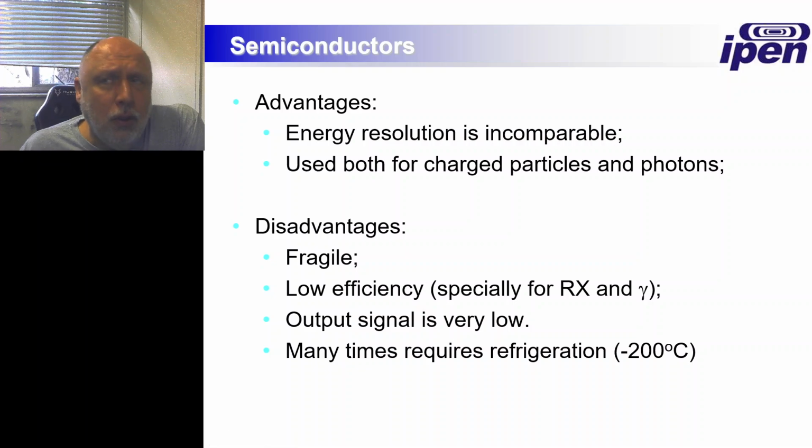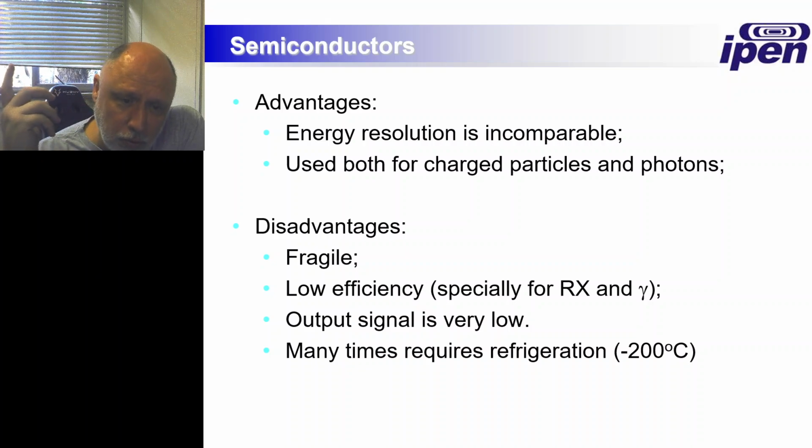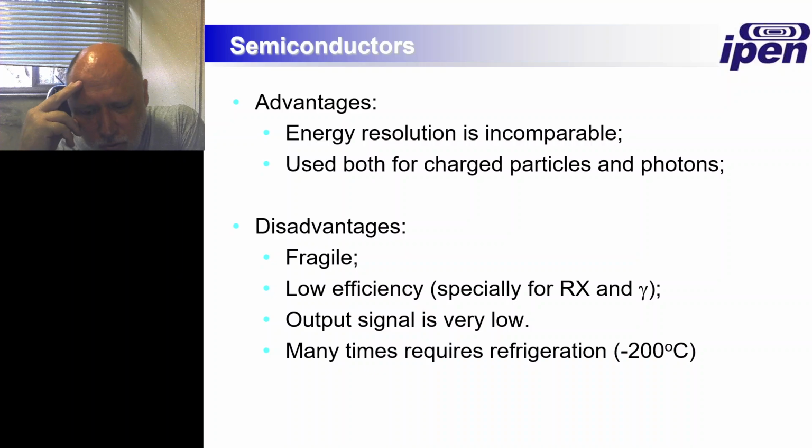For gamma rays, the signal that leaves the detector is in the nanovolt scale. So it's very, very small, and very hard to properly separate from internal noise.